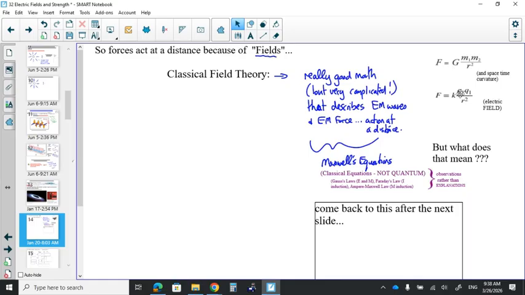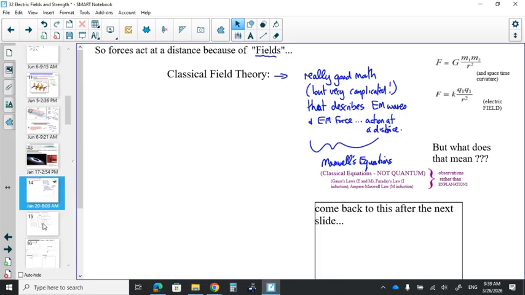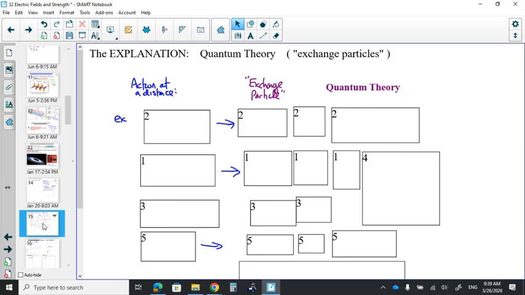It's the very similar KQQ over R squared to do with the electric field. These are really good at predicting observations and so on. They're not really explanations of what's actually happening. They're just good at helping you calculate what values you're going to have.